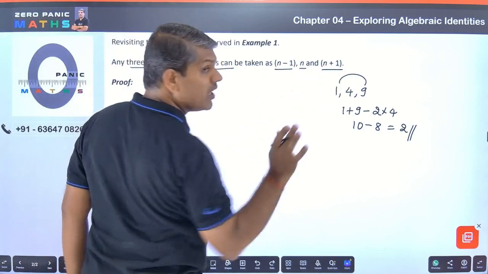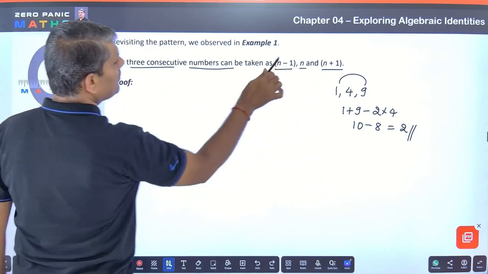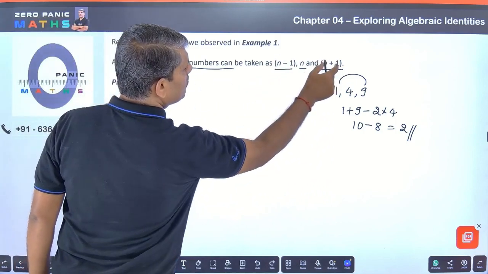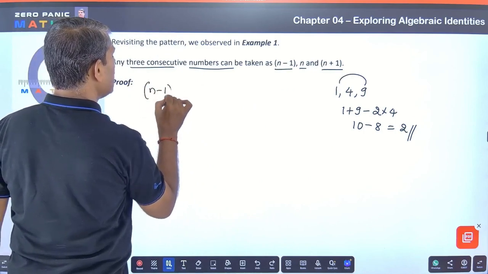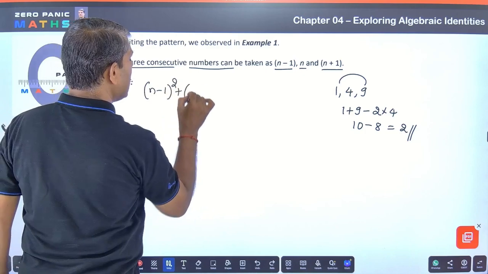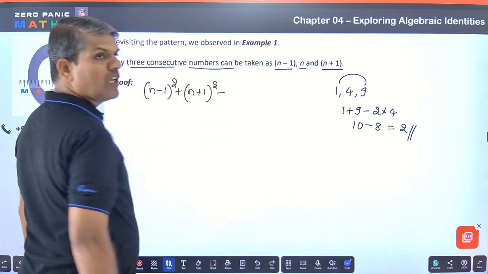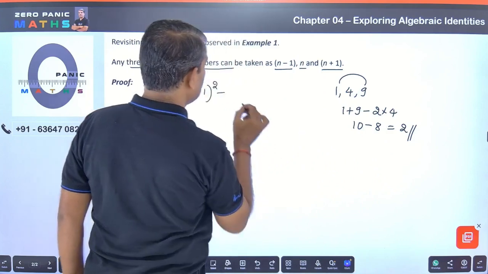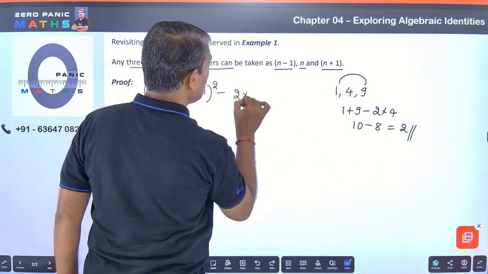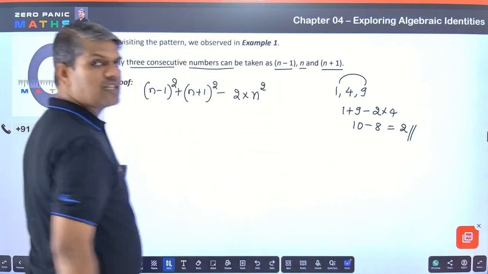Let me take the square of the first number plus the square of the third number, that is (n minus 1) square plus (n plus 1) square, minus twice the square of the middle number, that is 2 into n square.